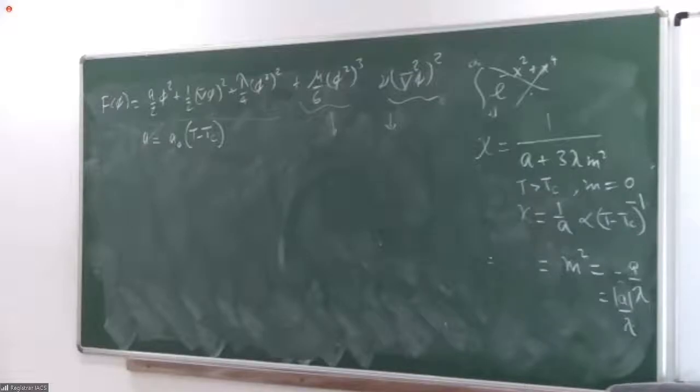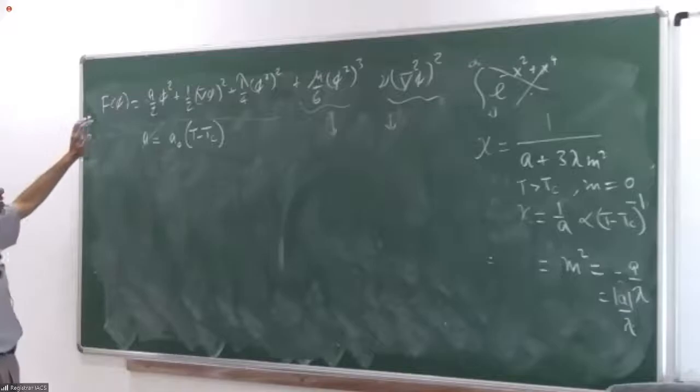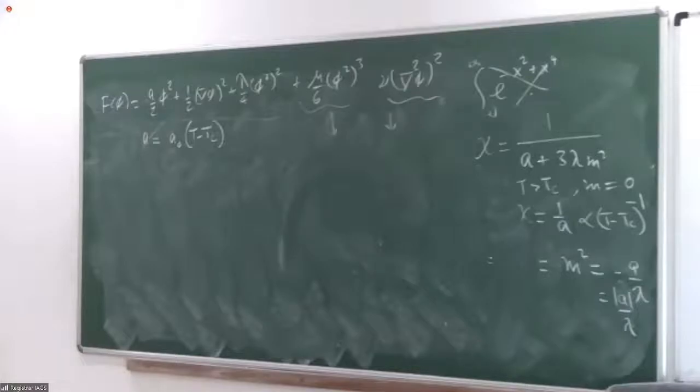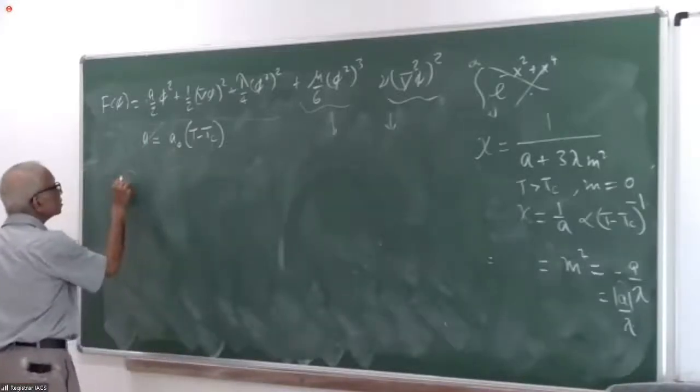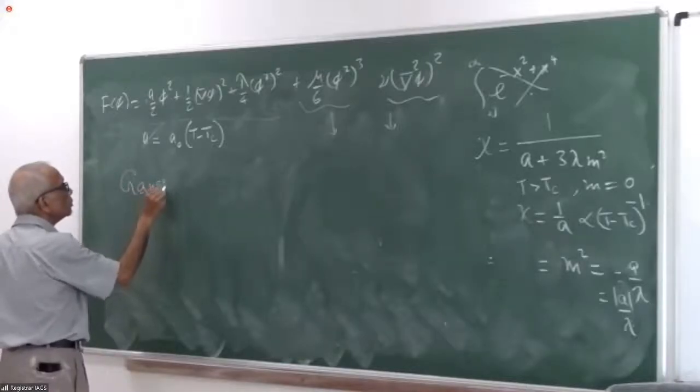They give me the same kind of answer, except that you will see that doing it through the continuum allows me access to the specific heat also. And in addition we have learned another word: there is something called a Gaussian model.